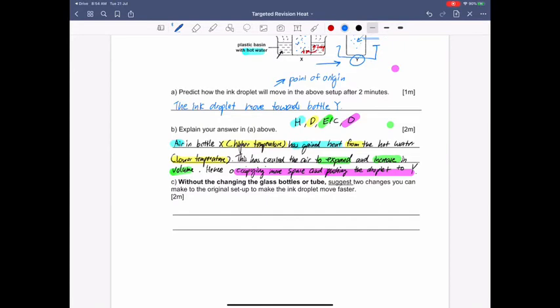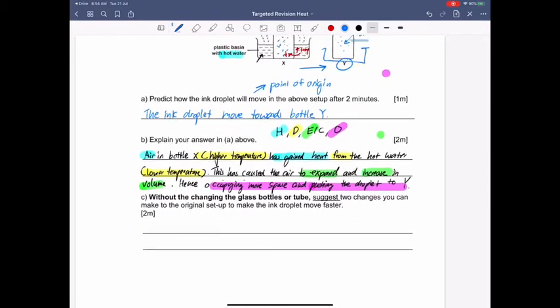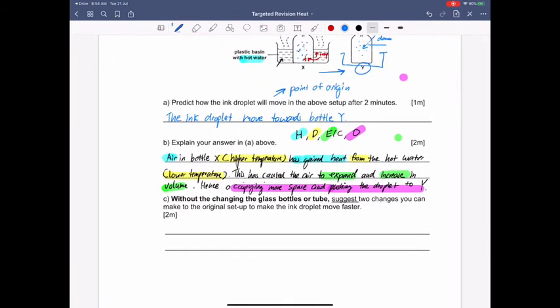So for example, you want to increase the heat in the plastic basin. All right, you have to tell me something along the lines such as, okay, use hotter water. That's one way.